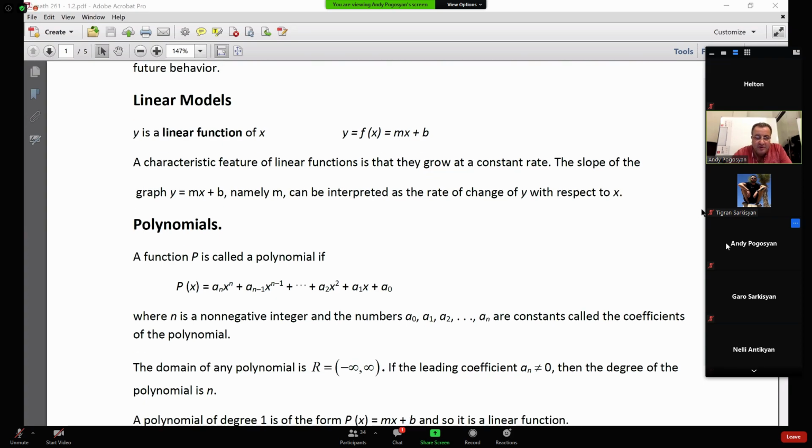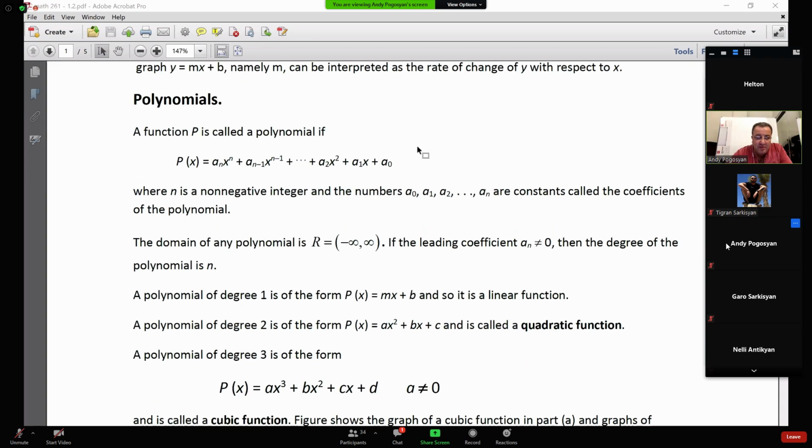Then the more general case will be polynomials. A polynomial p is a function of x. This polynomial of one variable is given to you in this form. a0, a1 to an are constants, which could be any real number. Those are the coefficients. We consider the degree of the polynomial as long as an is not equal to 0.